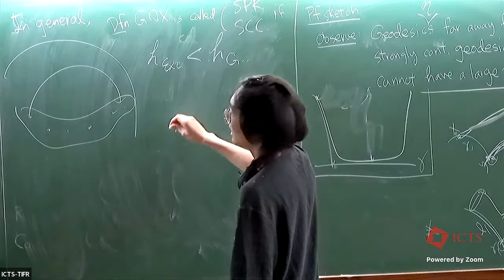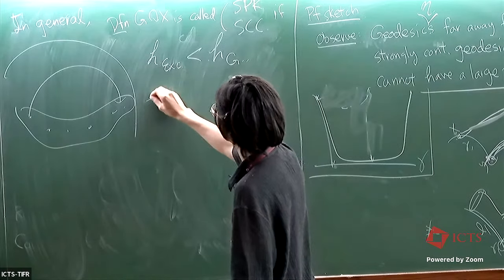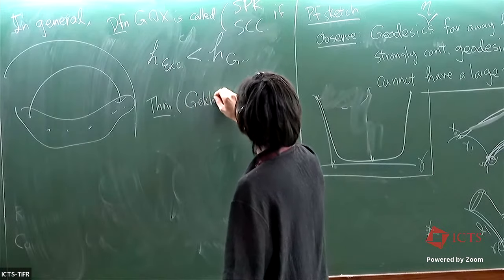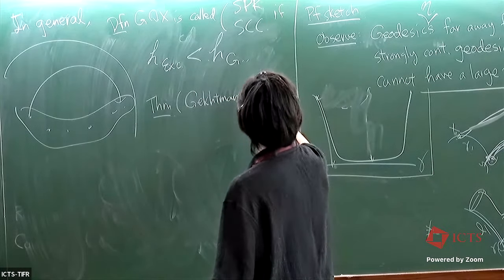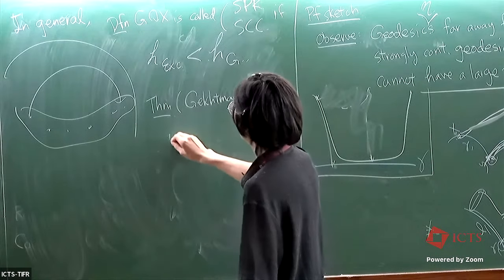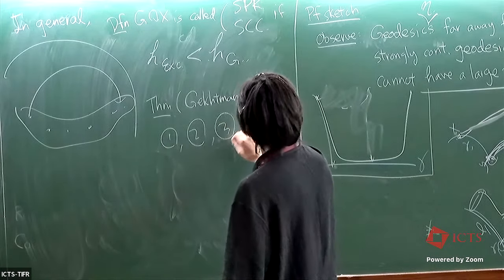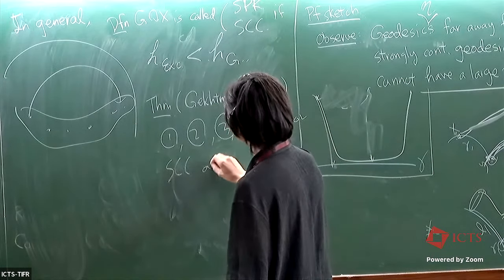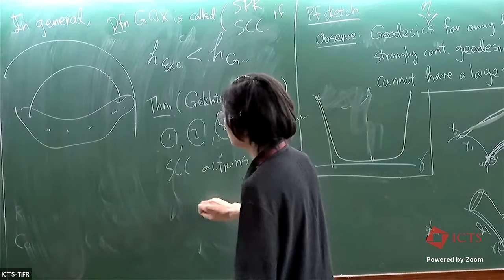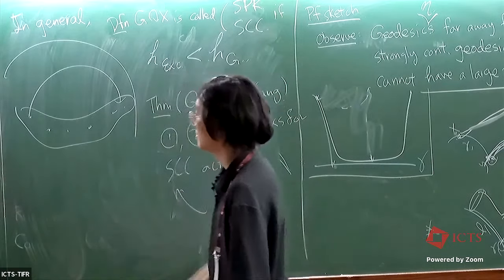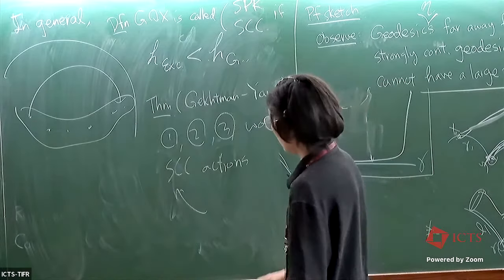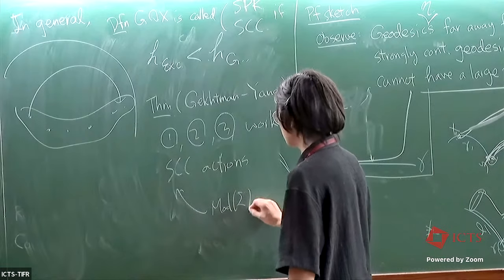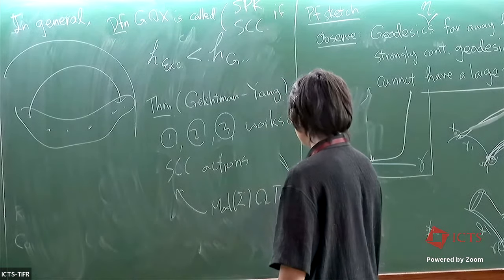I'll not give the proof, but the theorem by Gekhtman and Yang is that 1, 2, 3 works for SCC actions. And this includes all these geometrically finite groups in rank 1 Lie groups and the action of the mapping class group on Teichmüller space.